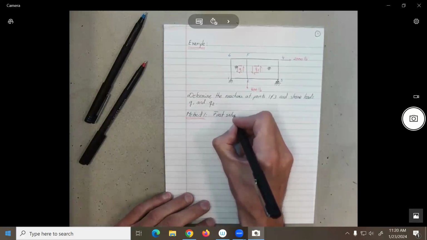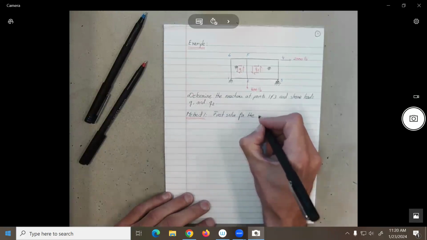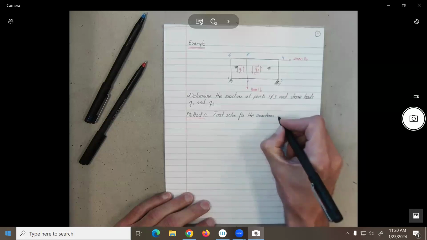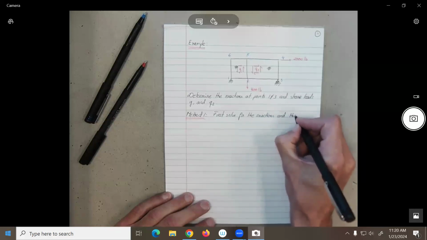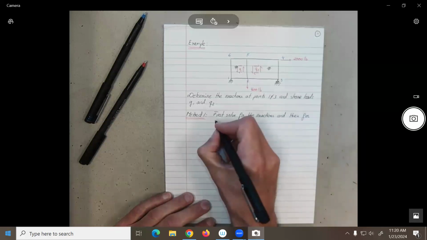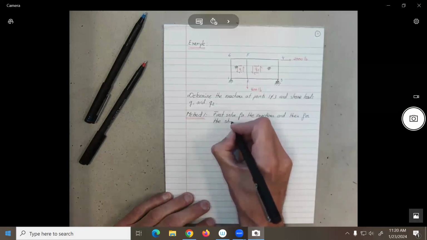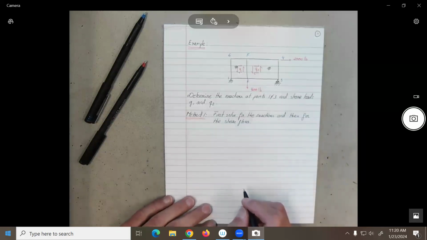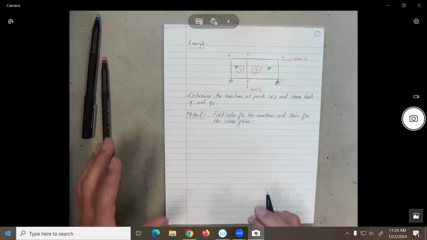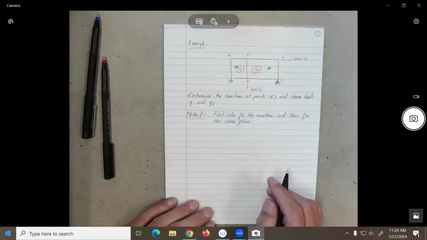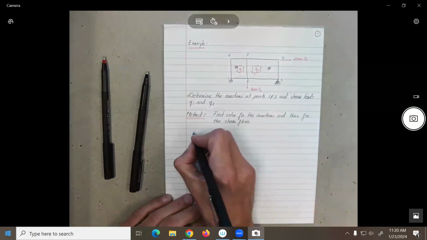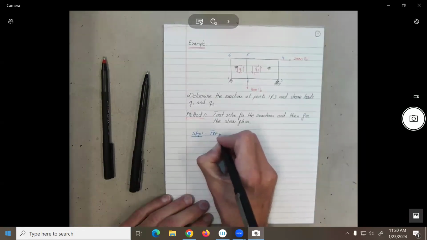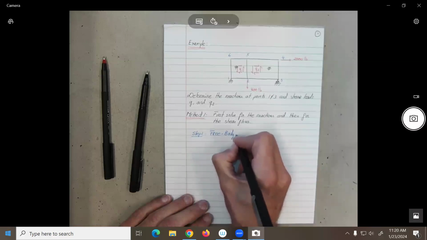First, solve for the reactions, and then for the shear force. This is like a bit more advanced problem of statics. Step one, you always need to do a free body diagram.